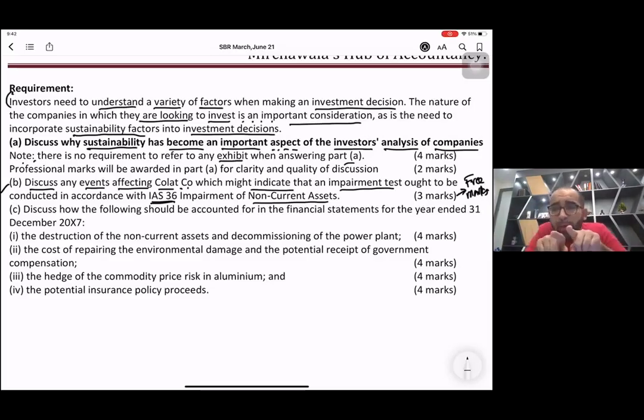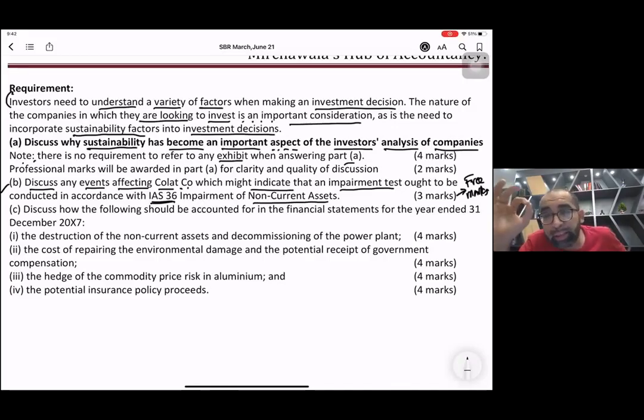Listen, investors check sustainability factors from company to company. For some companies, they check very carefully, and for some companies, they say, okay, that means the materiality level. The materiality level of investors varies from company to company in terms of sustainability reporting.